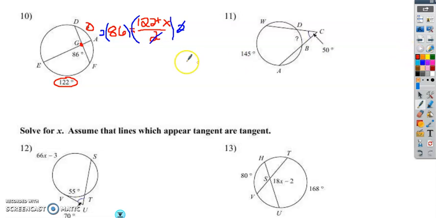All right, so just a little reminder on why I'm doing that step. 86 times 2 is 172. So 172 is equal to 122 plus x. That means all I have left to do is subtract and move this 122 to the other side.